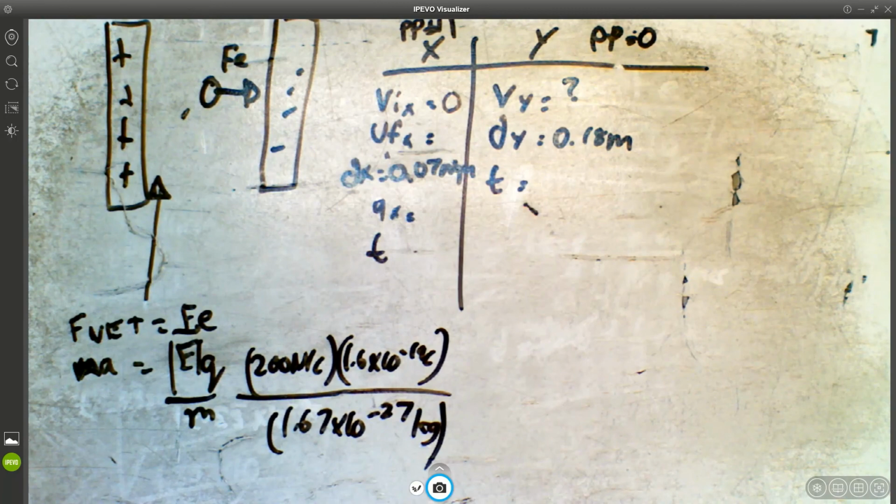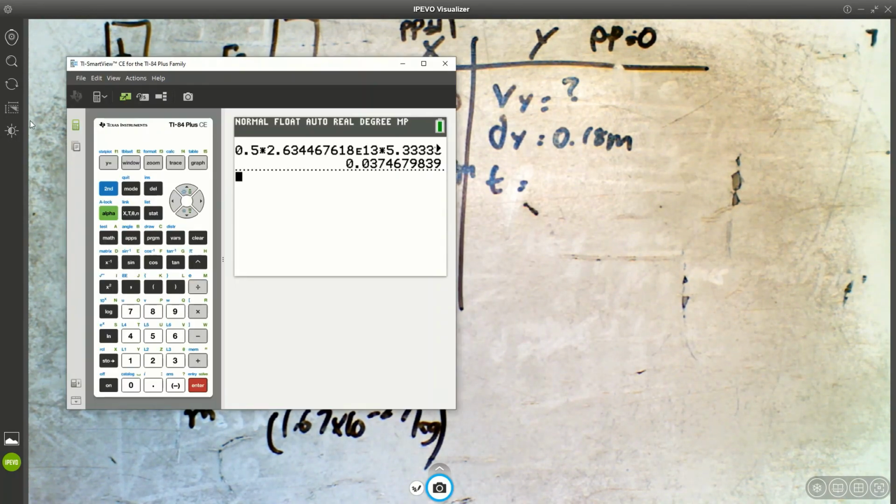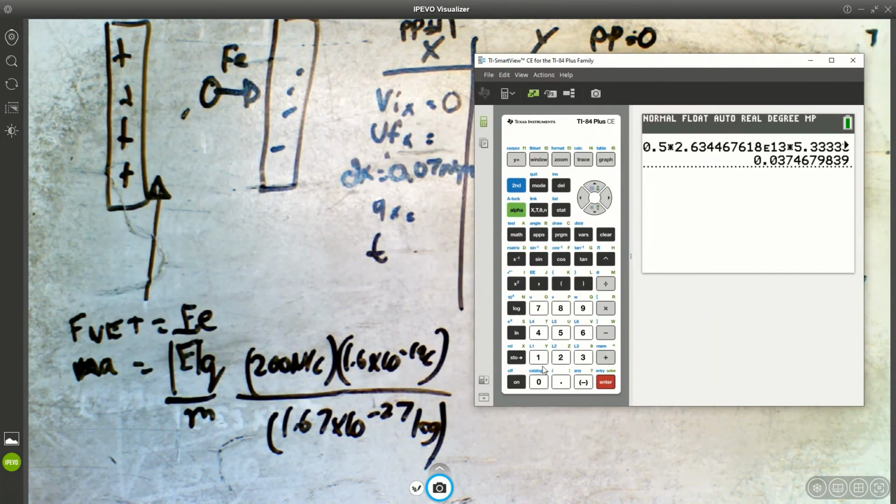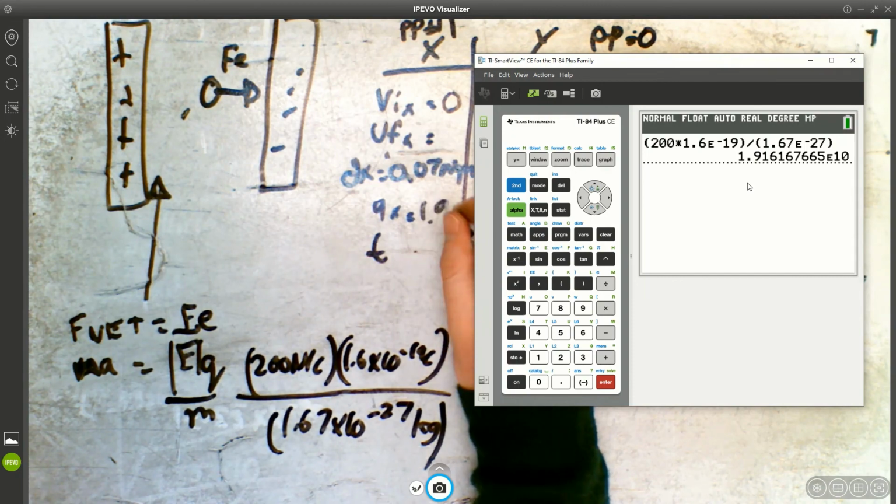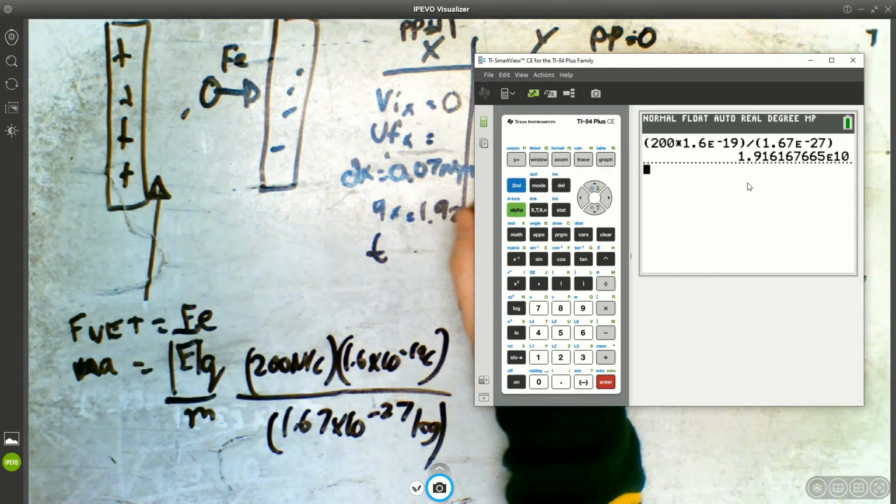So it's got a different mass than the electron, so be careful of that. So let's plug all that stuff in. 200 times 1.6 times 10 to the negative 19, divided by 1.67 times 10 to the negative 27. And we get our acceleration to be this. So I'll fill that in. Our acceleration is 1.92 times 10 to the 10.